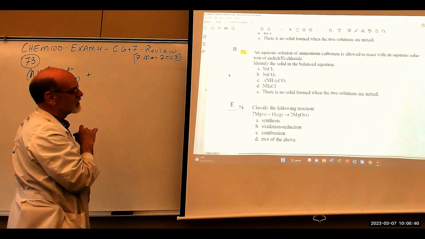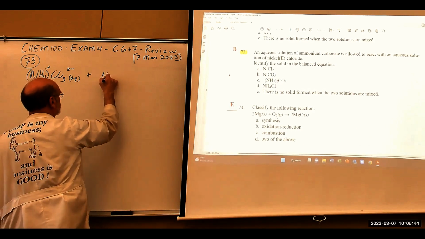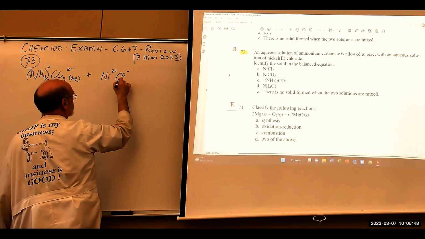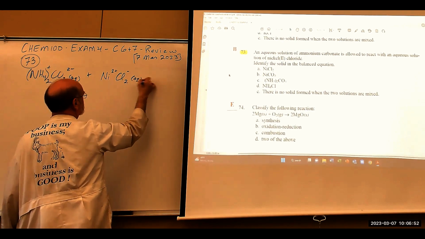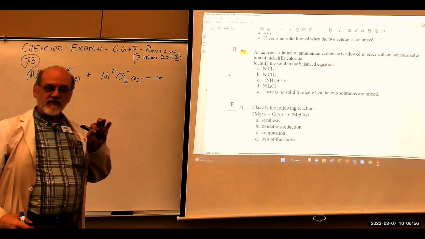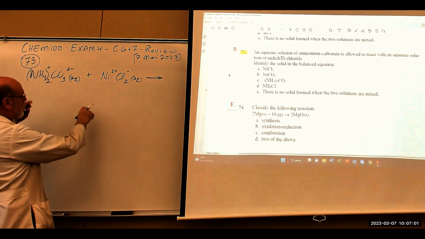And we're going to react that with nickel 2 chloride. So we have nickel with a 2+ charge and chlorine with a -1 charge. That means we need 2 of these. Okay. What does that give us? In this type of reaction, it's a double replacement. In other words, we swap partners.